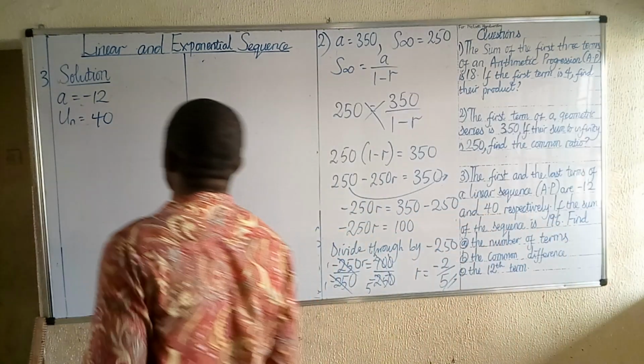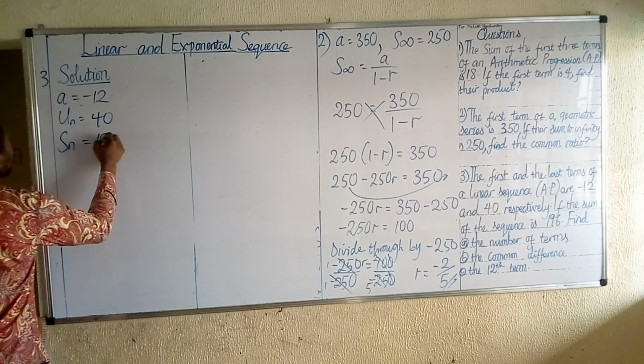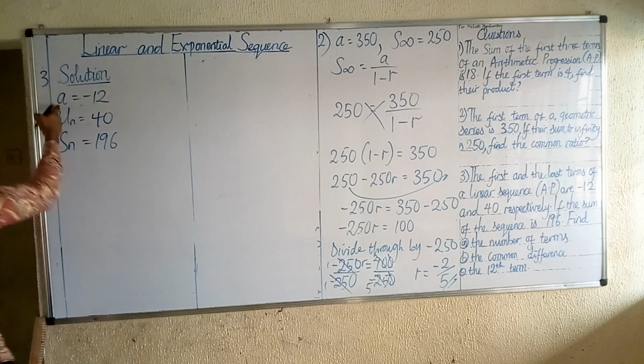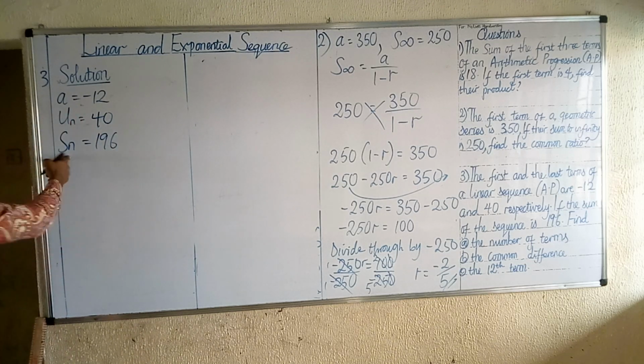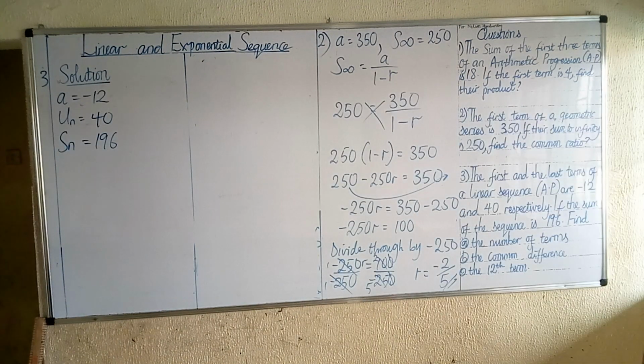Now, they give us the sum Sn to be 196. They give us the first term, the last term, and the sum of that sequence to be 196. Good. So A says we should find the number of terms.